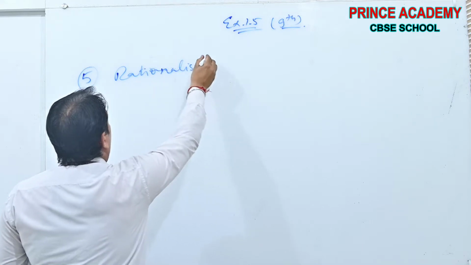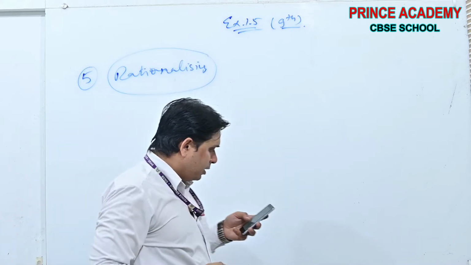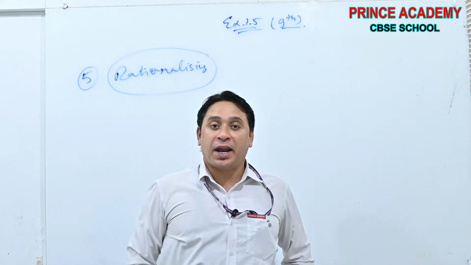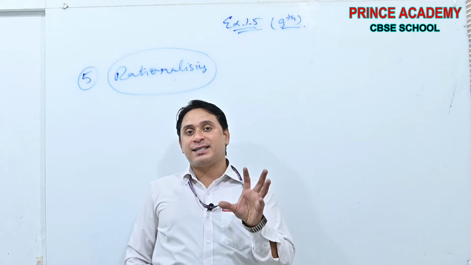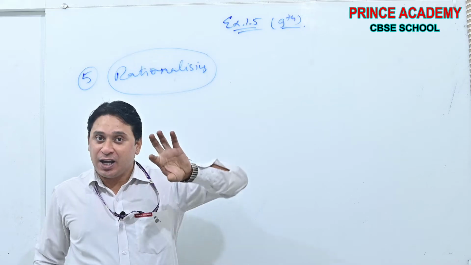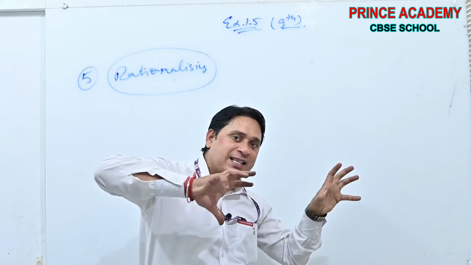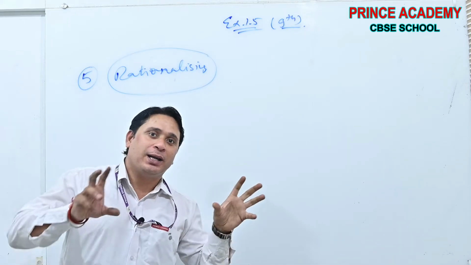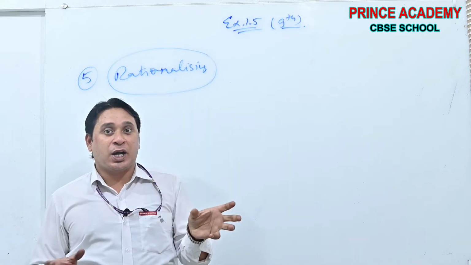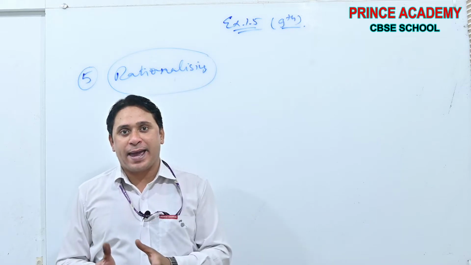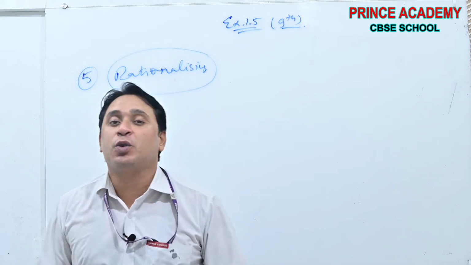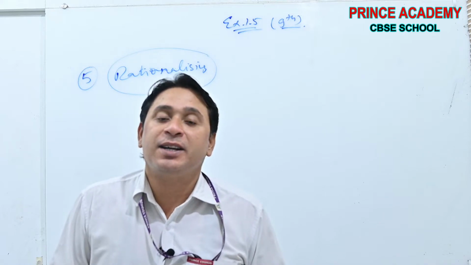What is rationalizing? See beta, rationalizing is a term which, if you go by the English language, rationalize means to make any number rational. But in rationalizing it's not so.